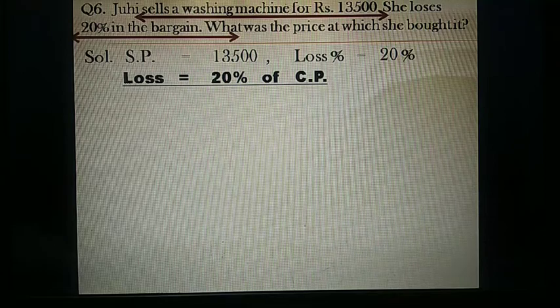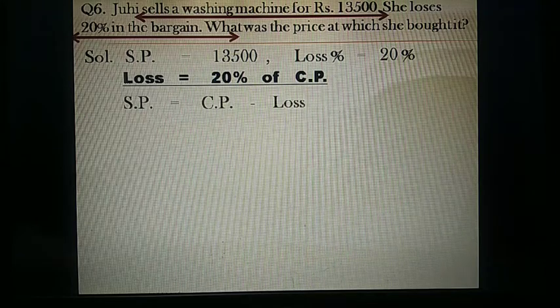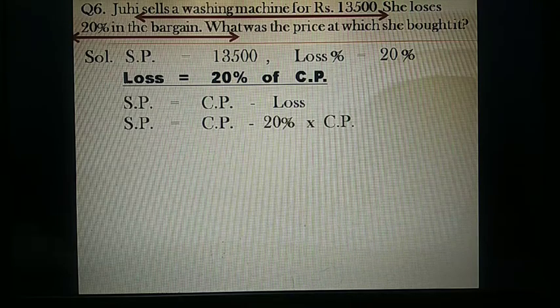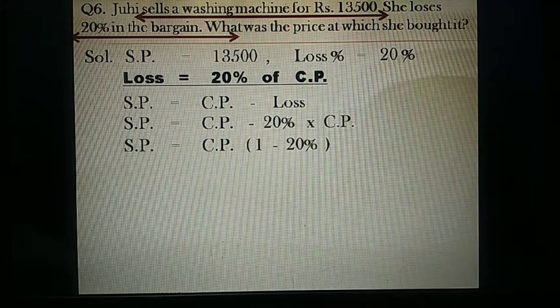Now, loss means 20% of cost price. So selling price here you can calculate as cost price minus loss. Now cost price here is CP and loss here is 20% of CP. Taking CP as common, you are left with 1 minus 20% inside the bracket.